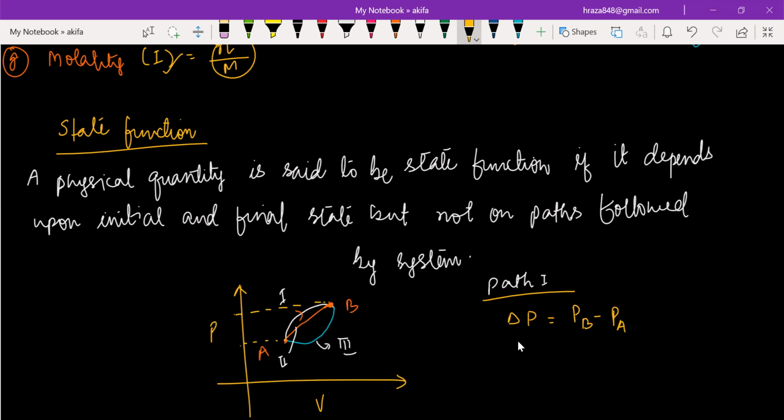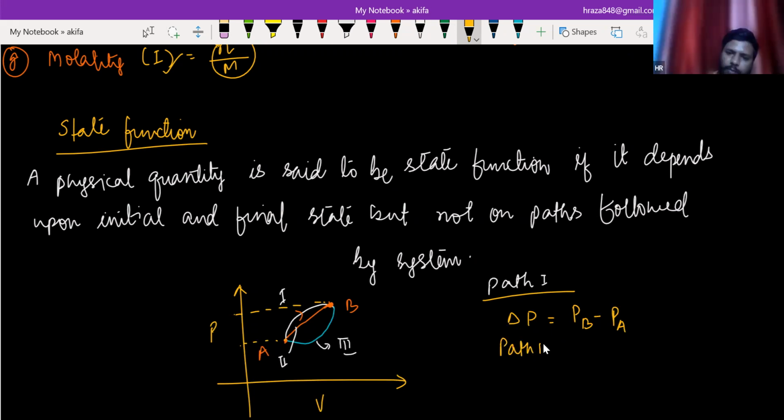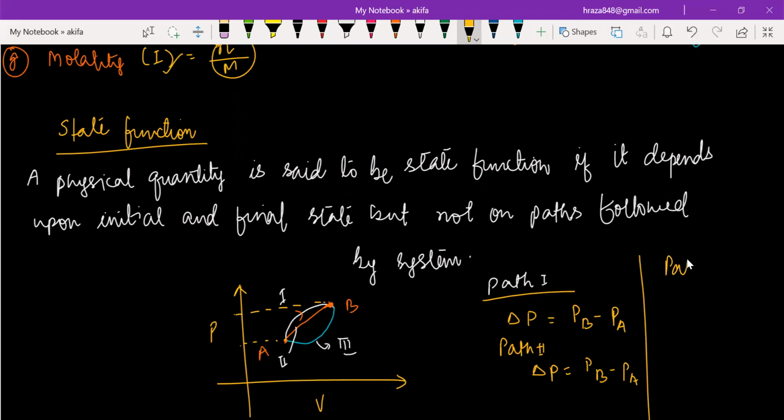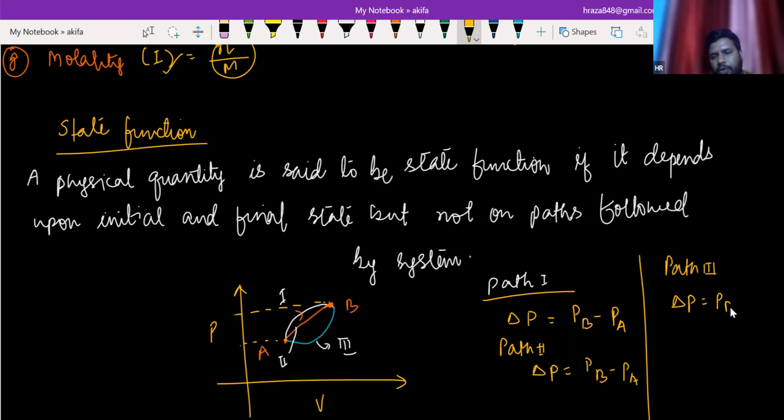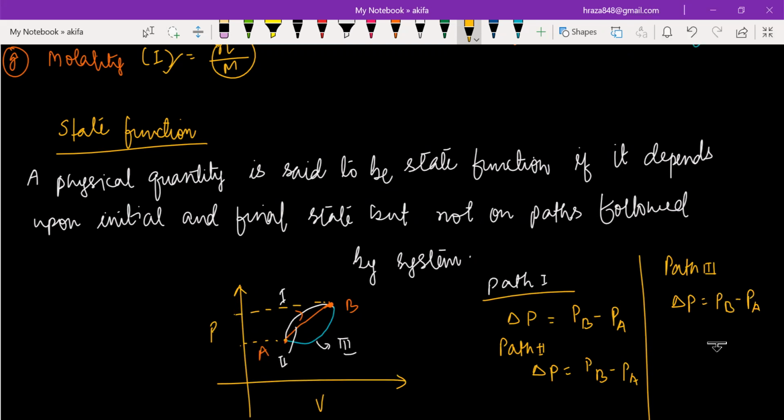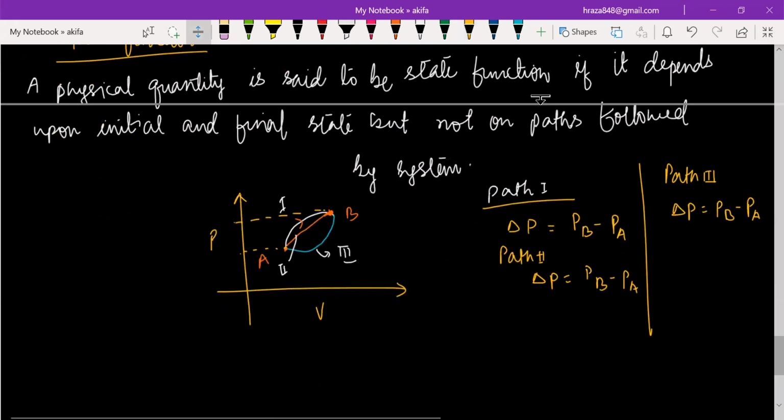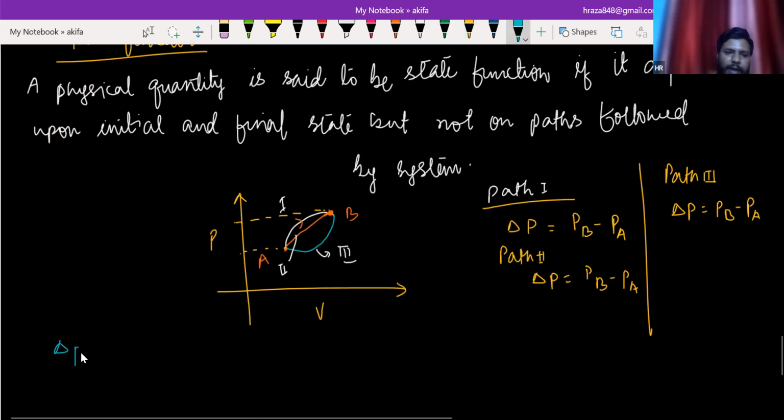If you are going to take path 2, delta P will be equal to PB minus PA, the same as path 1. And if you take path 3, delta P is also equal to PB minus PA. So basically, you saw that delta P is independent of path.